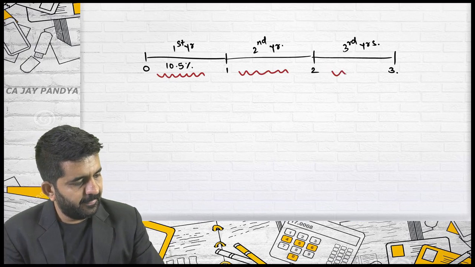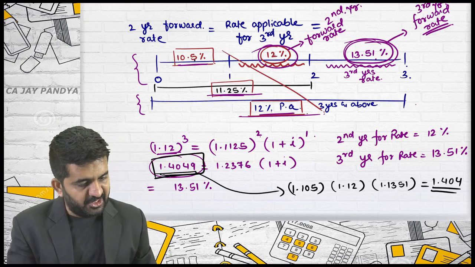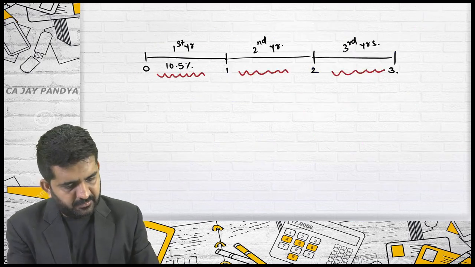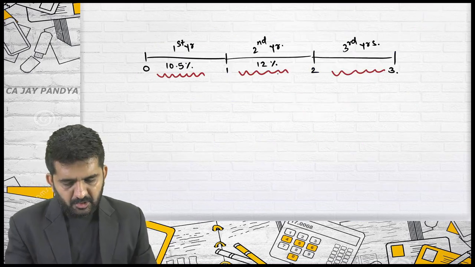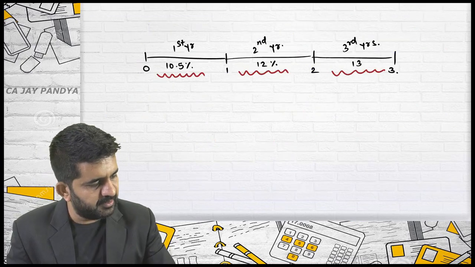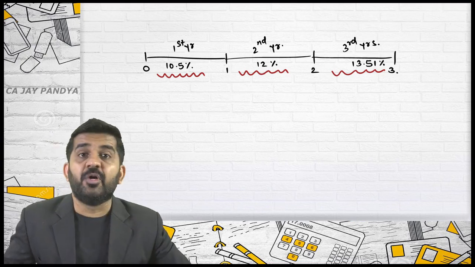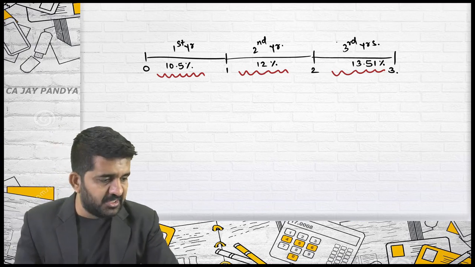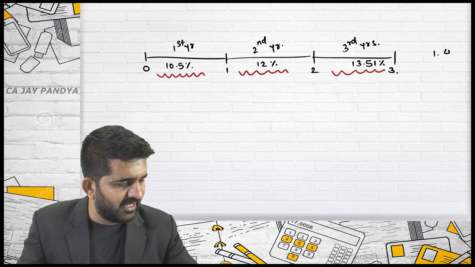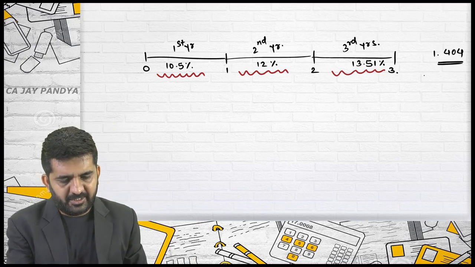What is the second year's interest? 12%. The third year interest is 13.51%. If you invest 1 rupee for 3 years in this route, you are getting 1.404. I have proved it, I have even calculated it.